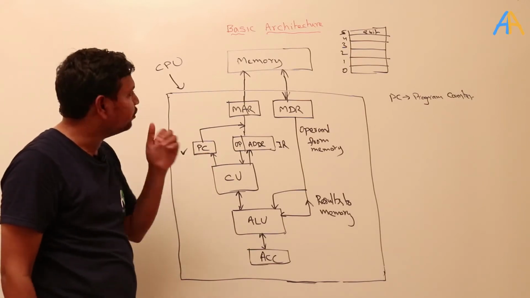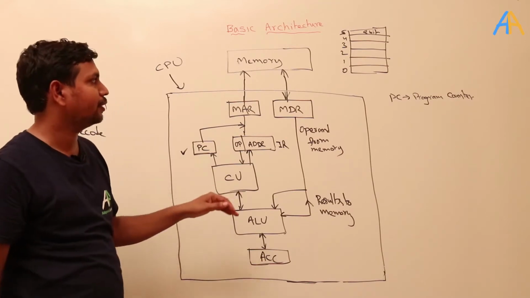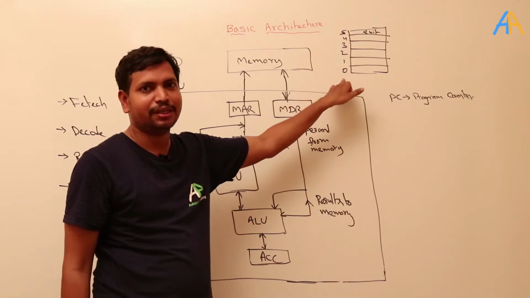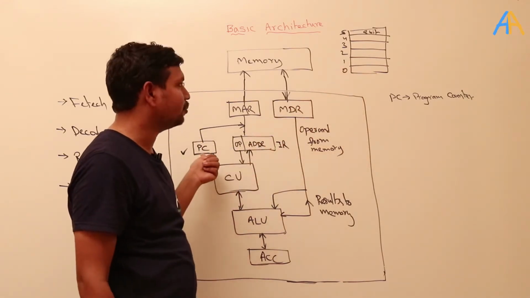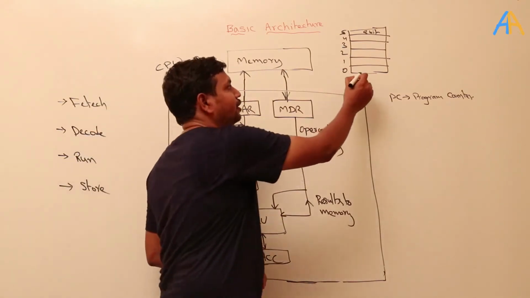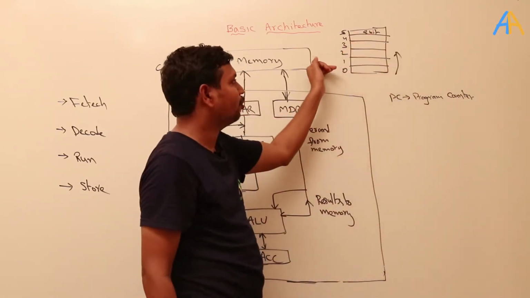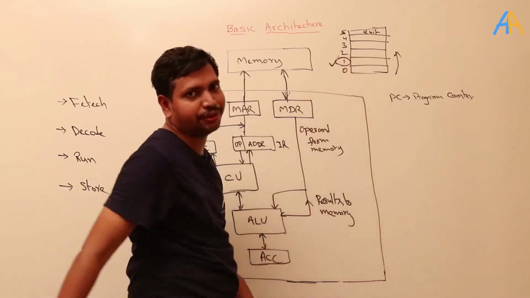The program counter contains from where the next instruction is to be fetched. For example, the processor has already fetched the instruction from 0 and is executing it. The program counter is incremented by 1 because we are executing instructions sequentially, one by one. So it contains the address of the next instruction to be executed.